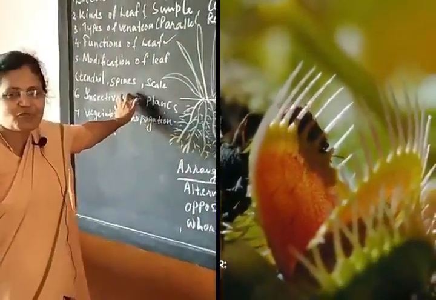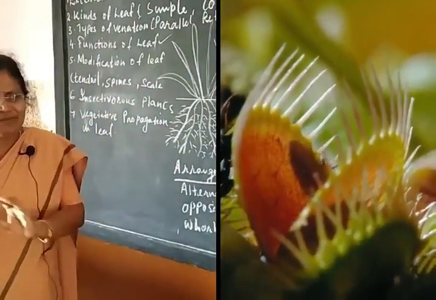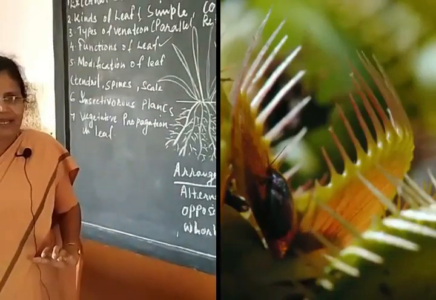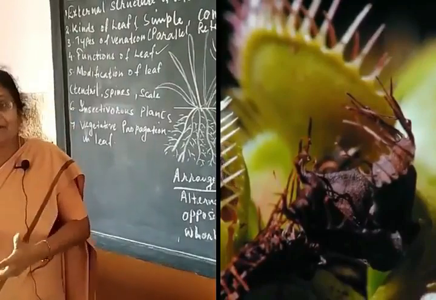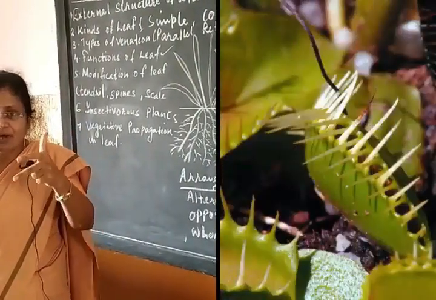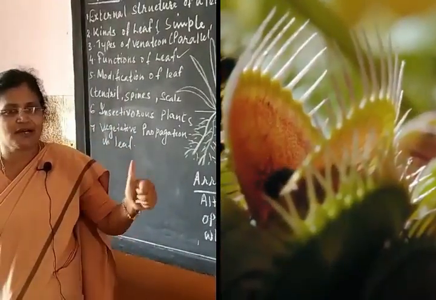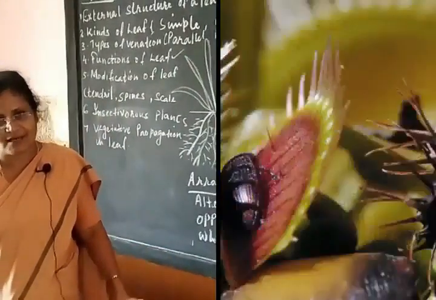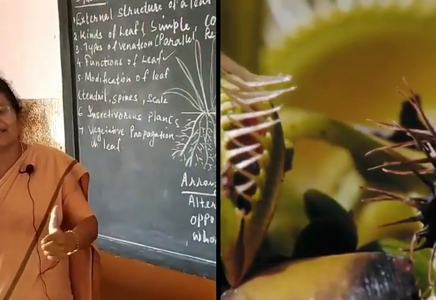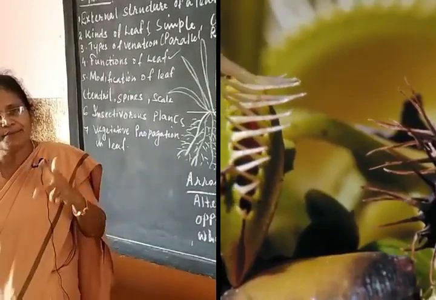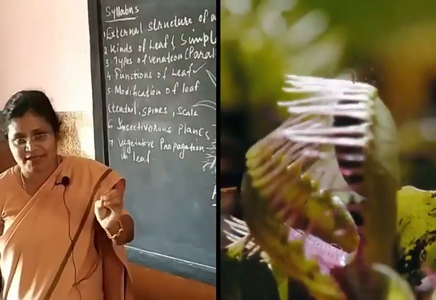Now insectivorous plants are the plants that eat insects, which means it is a kind of carnivorous plant. We know the living organisms are of three types: herbivorous, carnivorous and omnivorous, especially animals. The animals that eat only grass are called herbivorous, that is your cow, goat, buffalo, etc. Carnivorous are the animals that eat flesh, that is your lion, tiger, etc. Omnivorous are the animals that eat both plants as well as animals.